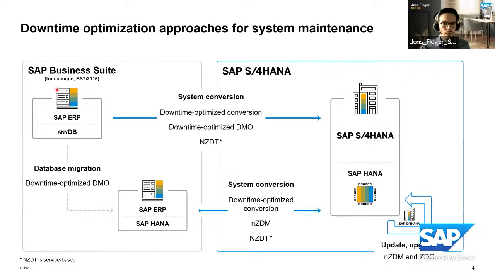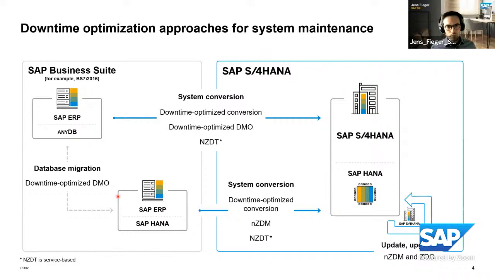There might be a scenario like database migration. For customers that want to stick to ERP but want to change from NADB to SAP HANA, we have a DMO procedure, and along with that, a downtime optimized DMO. That means you can selectively optimize the downtime by moving parts from downtime into the uptime.